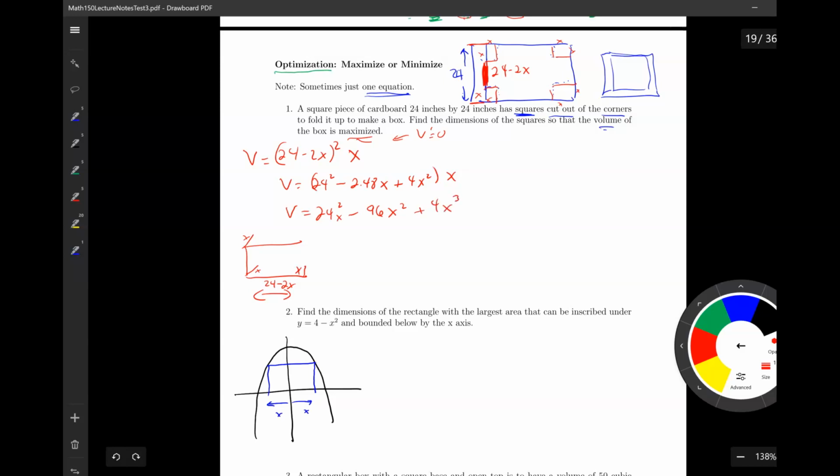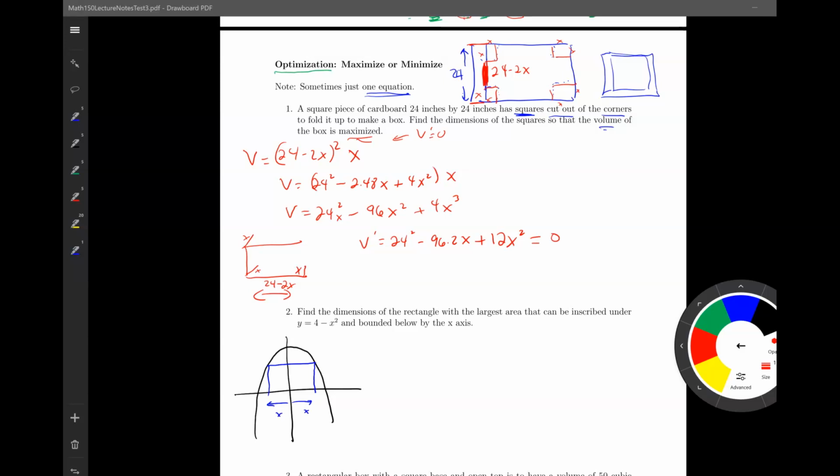Okay, this is what I'm taking the derivative of and setting equal to 0. So the derivative will be 24 squared minus 96 times 2x plus 12x squared. So I'm going to be setting that equal to 0 and solving.